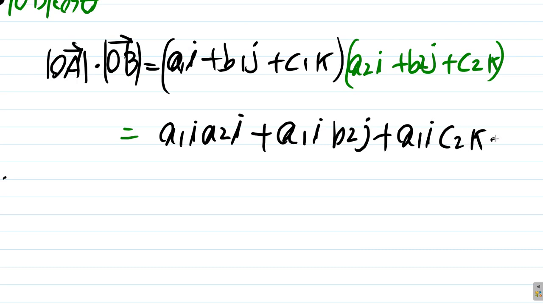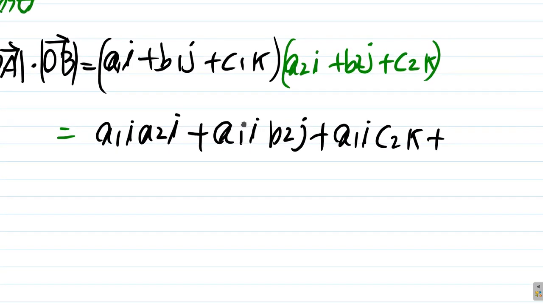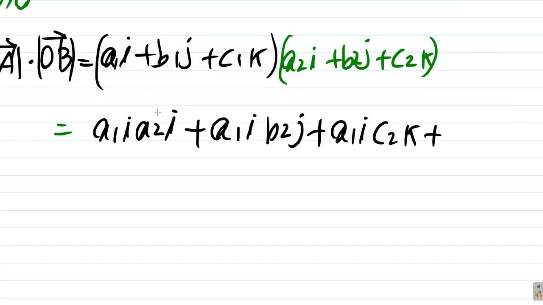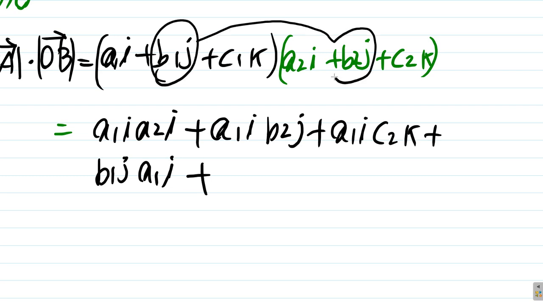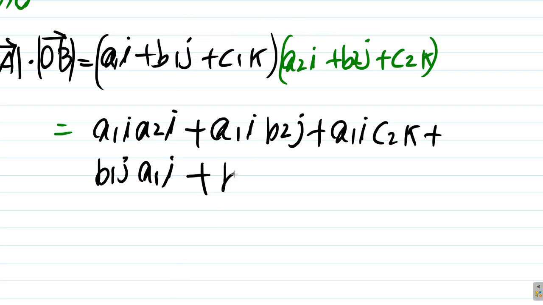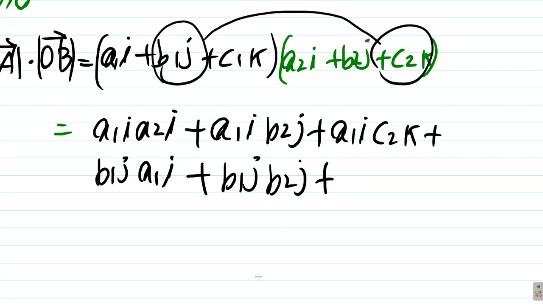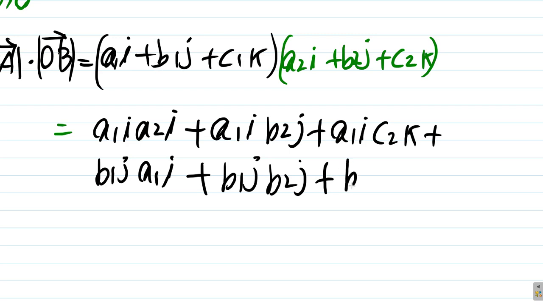Alright? Plus, let's continue below. B1J, time now to multiply. B1J times A2I, plus B1J times B2J, plus B1J by C2K.